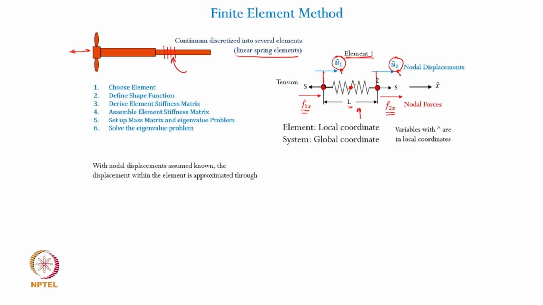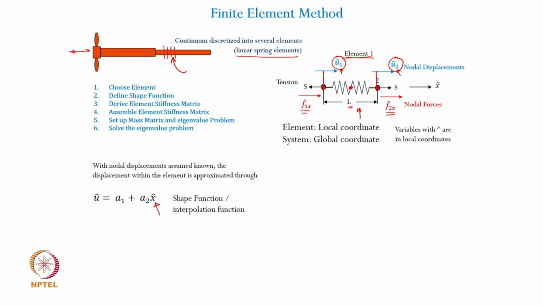So, we define an interpolation function, which is also called the shape function, so that u cap is the displacement at any position within the element, and that position is defined as x cap, the position within the element. For a linear spring element, it will suffice to have a linear interpolation function, and so we define this as a1 plus a2 x cap.